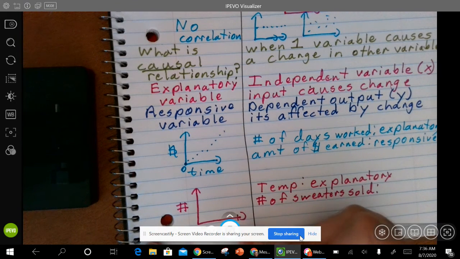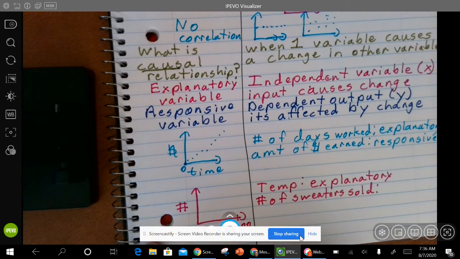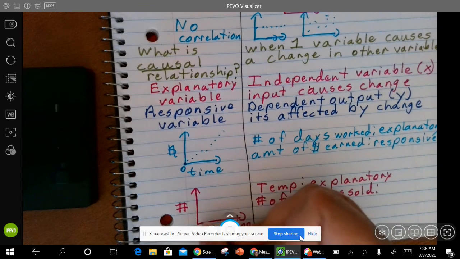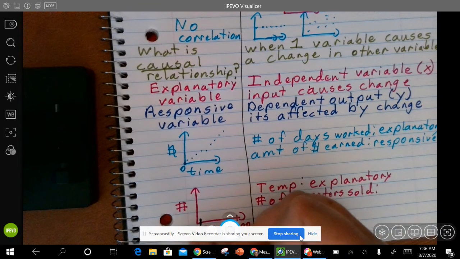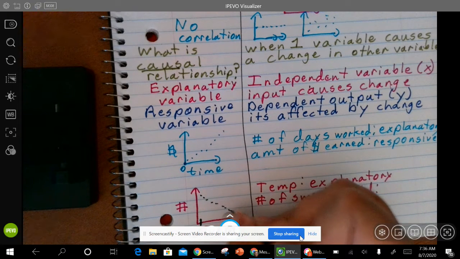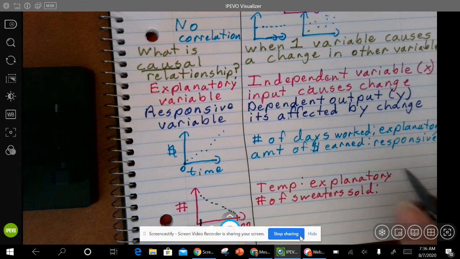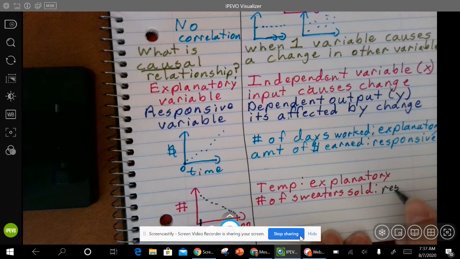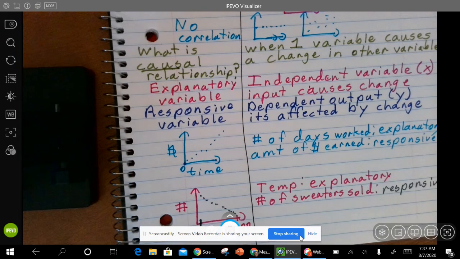And if we start here, everybody, at 100 degrees, we're going to sell more sweaters. So if we start this one right here at 40, you're going to sell more sweaters when it's cold than when it's 100 degrees. Okay. So the number of sweaters sold is our responsive variable.